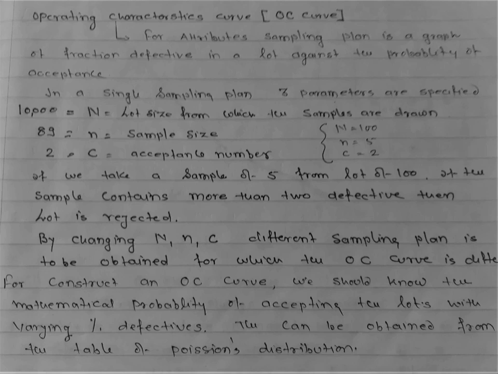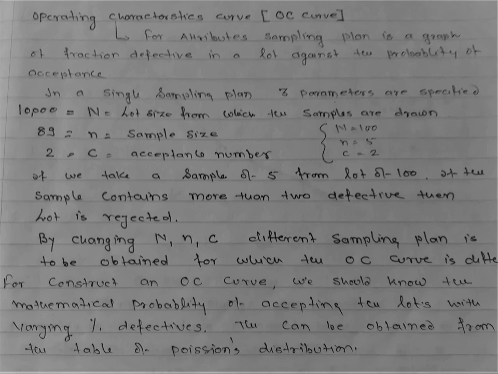If we take a sample of 5 items from a lot of 100, and the sample contains more than 2 defective, then the lot is to be rejected. So we are taking one example. If N is equal to 100, the sample size n is 5 and c is 2. When we are inspecting these 5 samples, and if more than 2 deviate from our desired dimensions, then the whole lot is to be rejected.